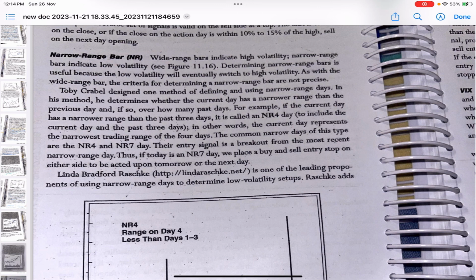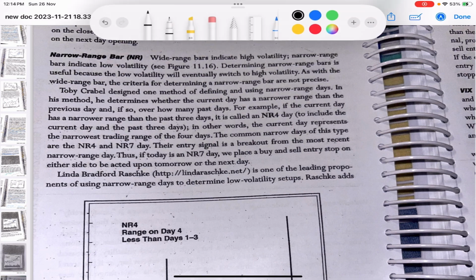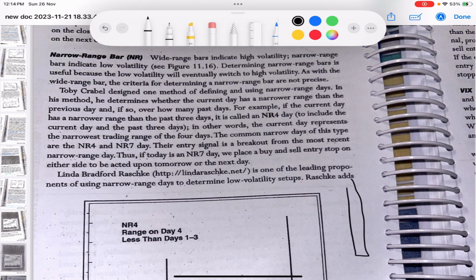When we were talking about wide range bars, which means a huge range, why does a huge range occur? The price of a stock travels this huge distance because it is highly volatile. That is because the range is high. If I'm talking about narrow range bars, the range is very small.